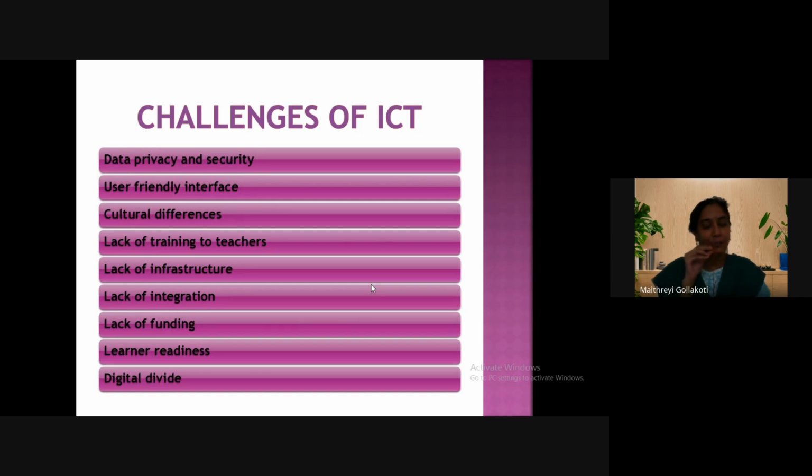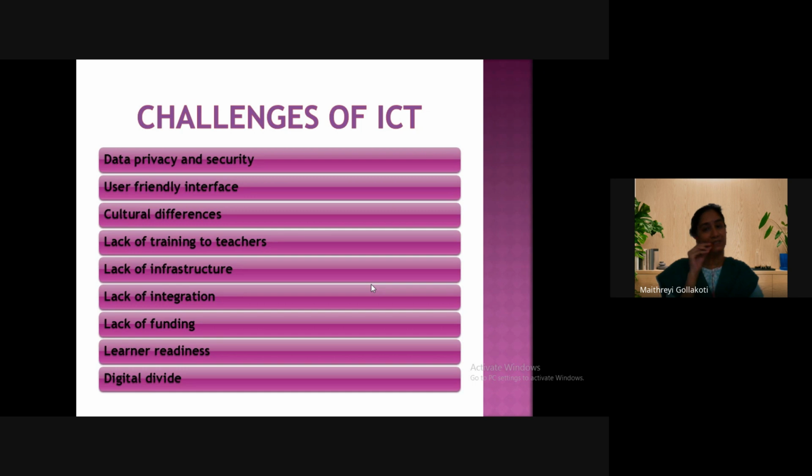So this care should be taken by content developers, people who develop lessons and content for the students should always keep this in mind. They have to think of the cultural differences and they have to respect that what is right in one culture may not be right in another culture.